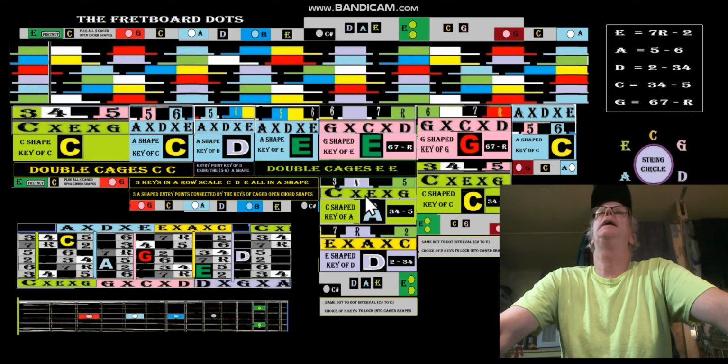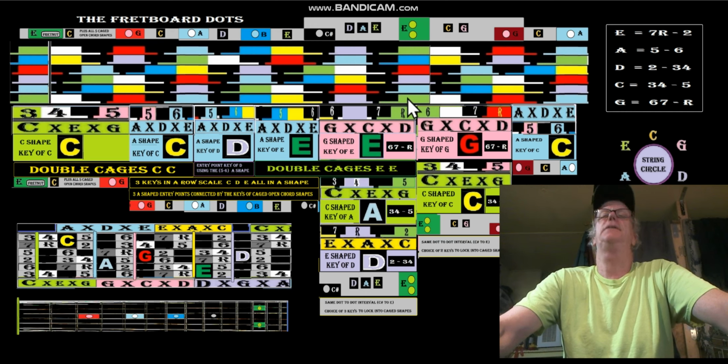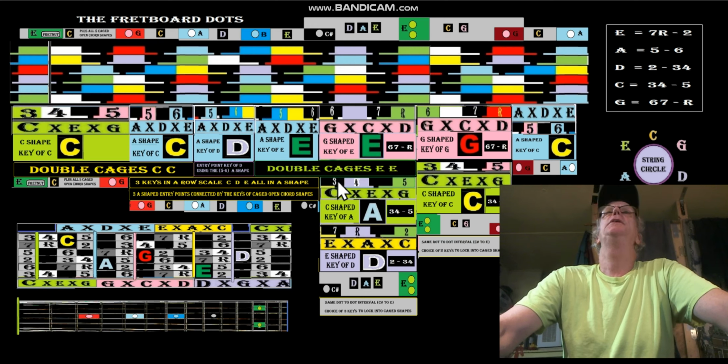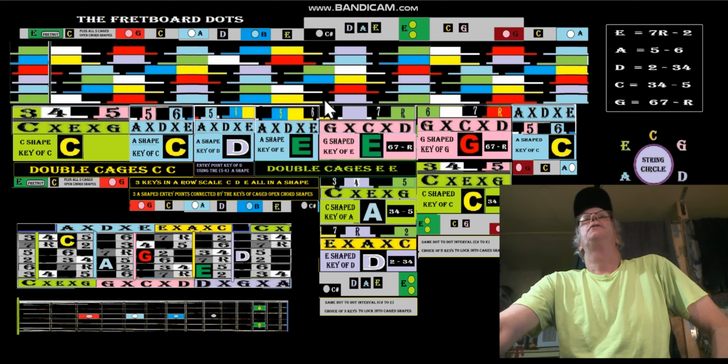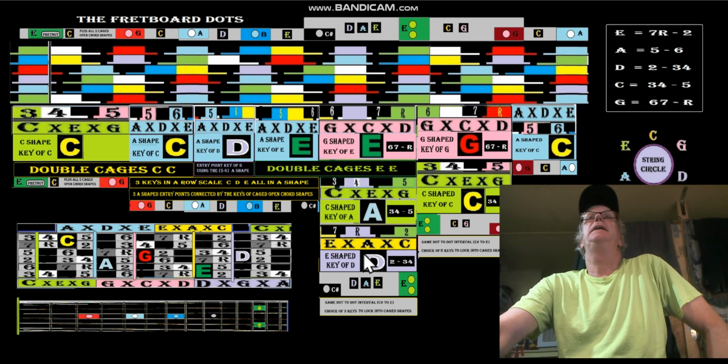We could also play a C-shaped key of A. These 3 notes right here, this C sharp, this D sharp, and this E, of course they can be the 6th, the 7th, and the root in the key of E, but they can also be the 3rd, the 4th, and the 5th in the key of A, because C sharp is the 3rd of A. And in the key of D, they can be the 7th, the root, and the 2nd, because C sharp is the 7th of D.